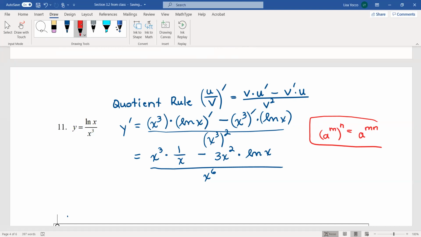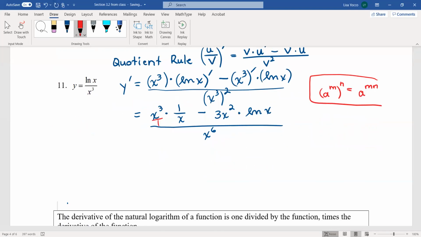All right. So thinking of x cubed, thinking of that as over 1, x cubed over 1 times x, and you could probably do this in your head, but I'll go ahead and write it.